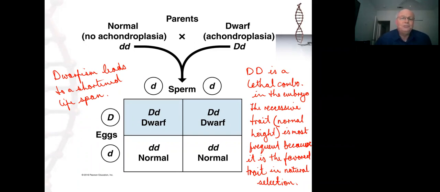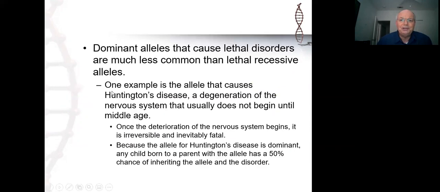And so this is the reason why many of these dominant traits, particularly if they show up early enough in the life of the individual, will ultimately be eliminated from the gene pool. The same is true with Huntington's disease, although Huntington's disease has a very cruel twist.